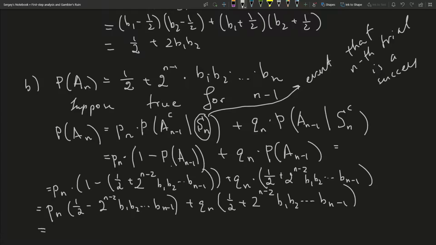And now what is this equal to? Well, distributing out, remember that p sub n plus q sub n is equal to 1. So if we distribute the p sub n and the q sub n, the p sub n times 1/2 plus q sub n times 1/2, that's just 1/2.